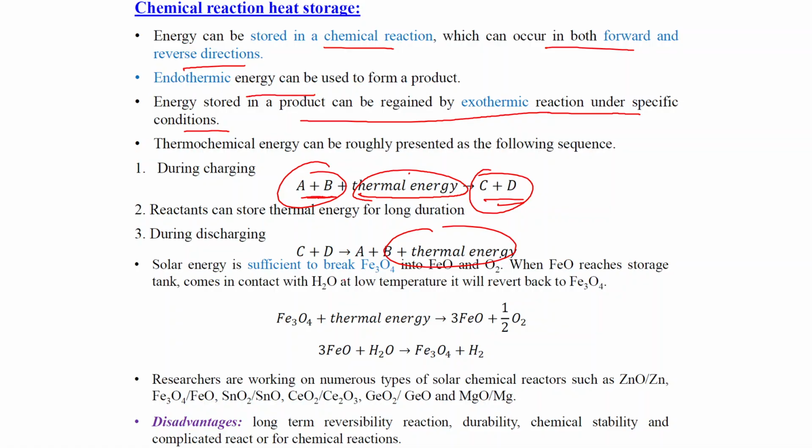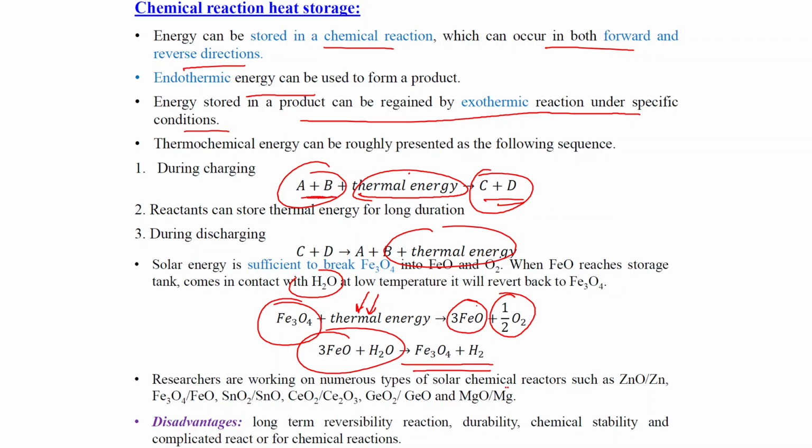If a reaction is exothermic in one direction, it will be endothermic in the other direction. This is an example. Solar energy is sufficient to break iron oxide, Fe3O4, into FeO and O2. When FeO reaches the storage tank and comes in contact with water at low temperature, it reverts back to Fe3O4. So here Fe3O4 takes solar thermal energy and breaks into FeO and oxygen, and if this FeO comes in contact with water, it again forms Fe3O4.